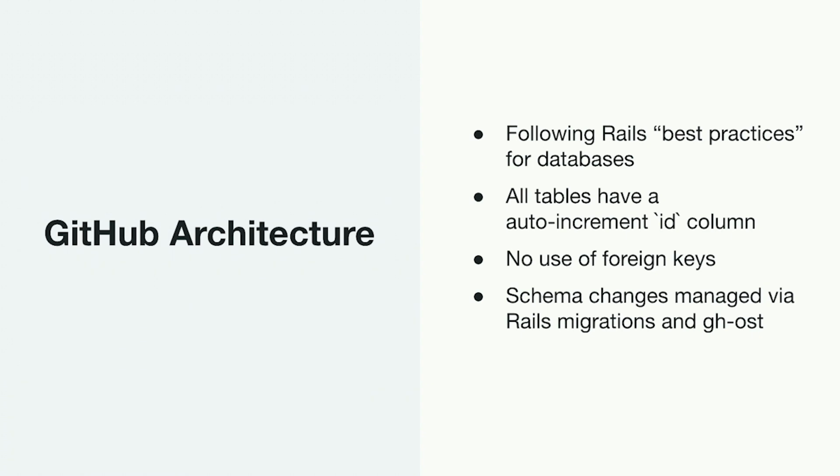So all of the tables that we have use auto-increment ID columns. We do not use any foreign keys in the database, and we manage schema changes via Rails migrations and some integration with a tool called gh-ost, which some of you might be familiar with, which is an online schema tool that was built at GitHub.